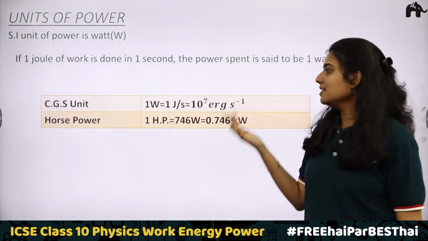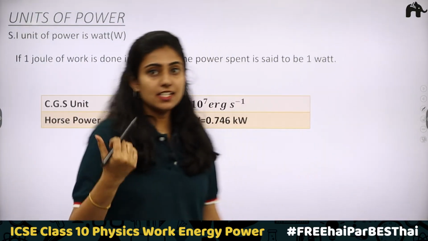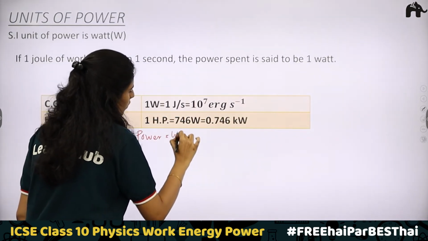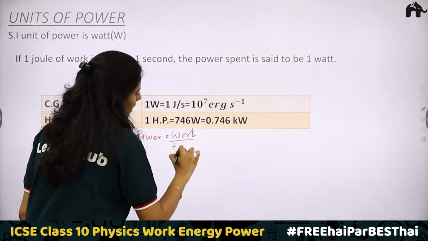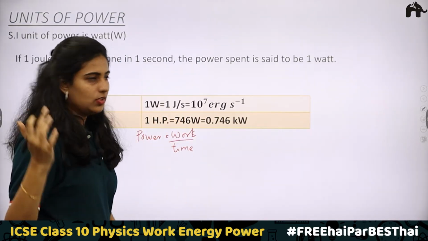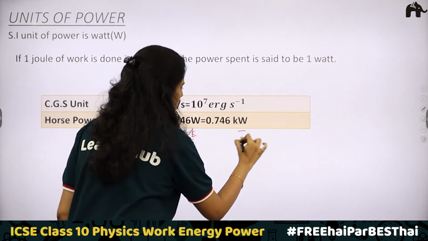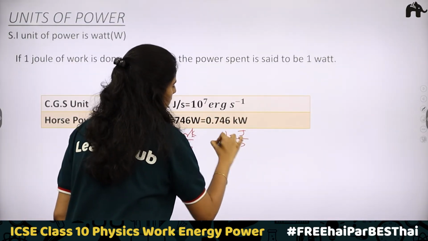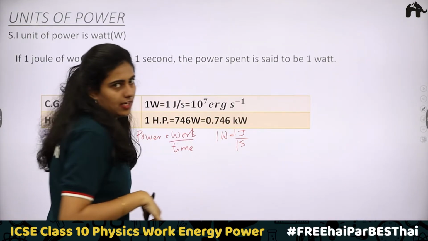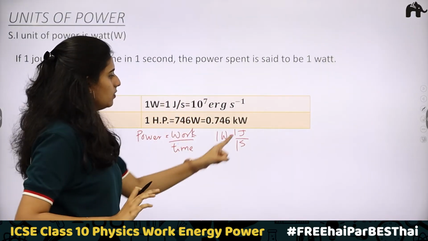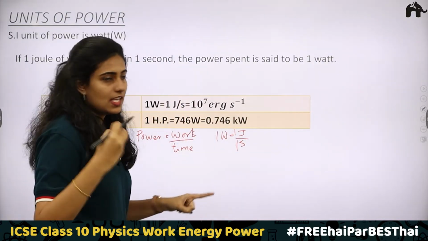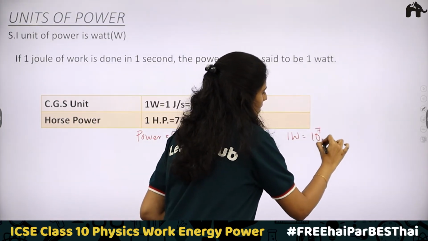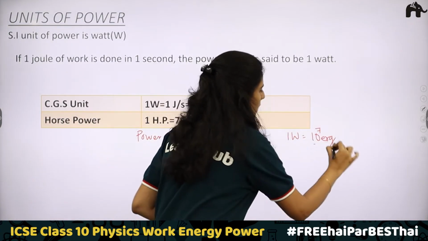Now, what is the CGS unit of power? We have studied the CGS unit of work, right? Power is equal to work divided by time. In the SI unit, work is expressed in joules and time in seconds, so power is watt. 1 watt is 1 joule per 1 second. Now, in CGS, we know 1 joule is equal to 10 raised to 7 erg.